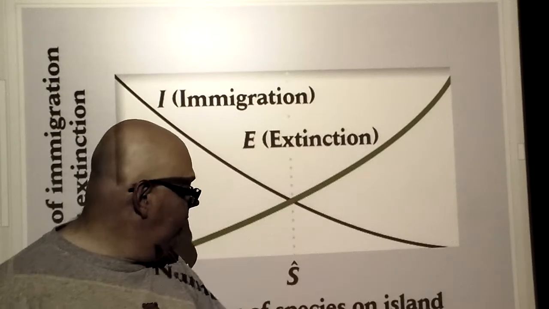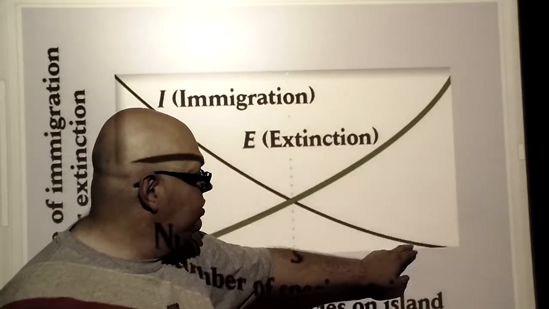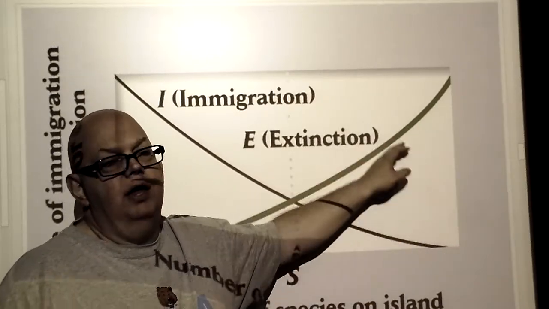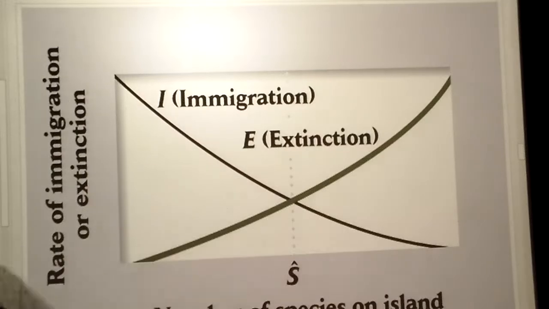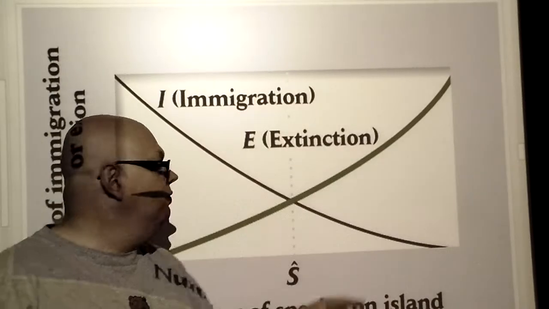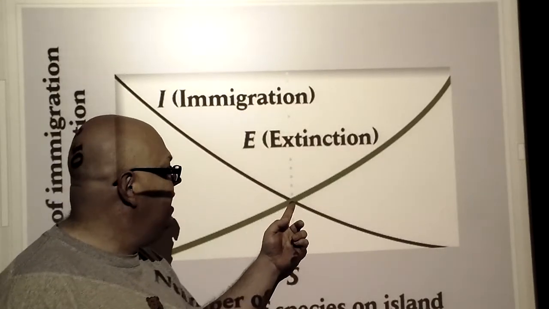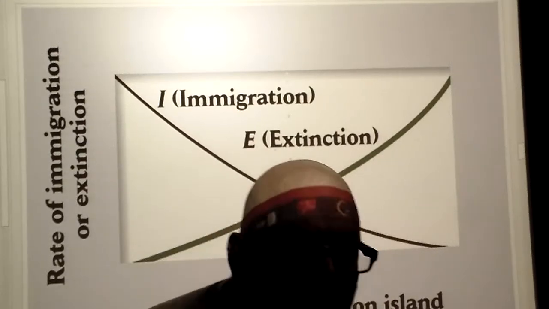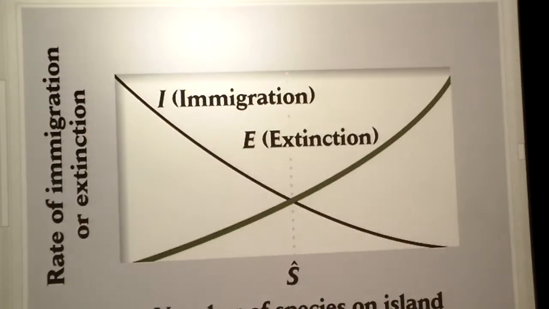But when the island has many more species, you have much less immigration, but you definitely have a higher rate of extinction because the island can't support everybody. It doesn't have infinite resources. So somewhere those two curves have to meet, and that's it. This right here, where those two curves meet, that's your equilibrium point. Okay? That's the key thing. That's where your equilibrium point comes in.